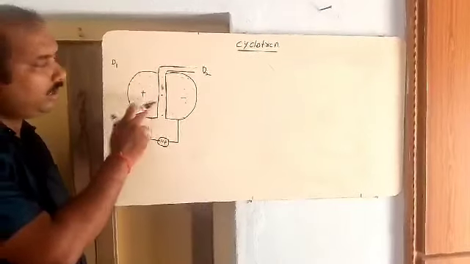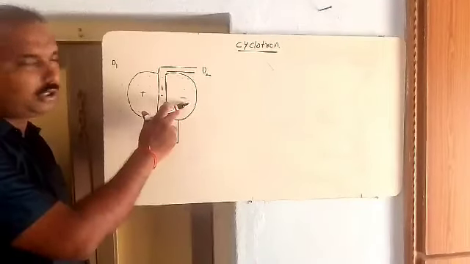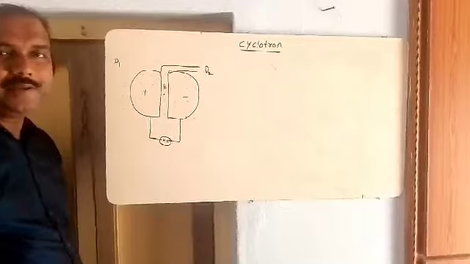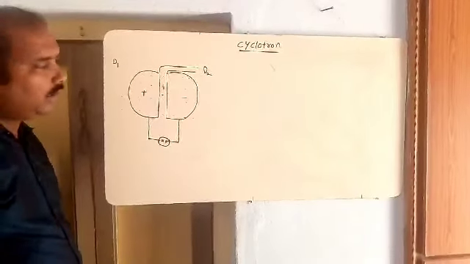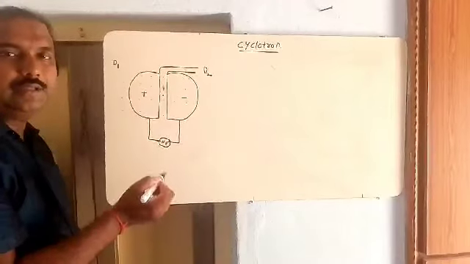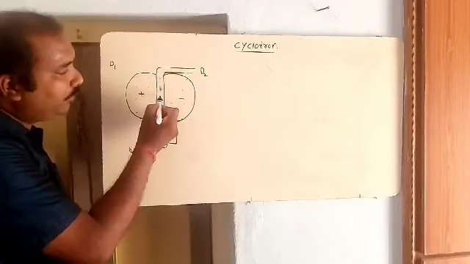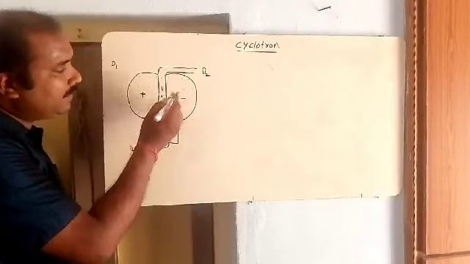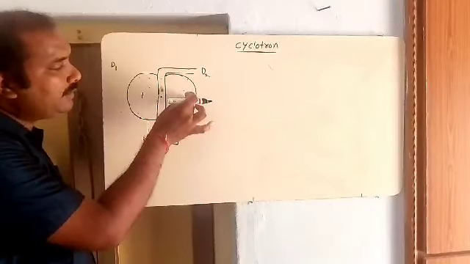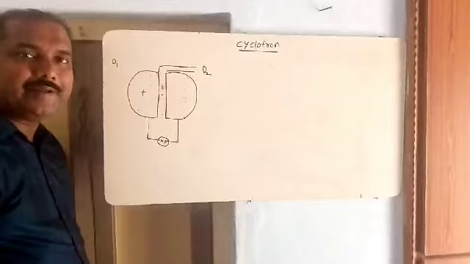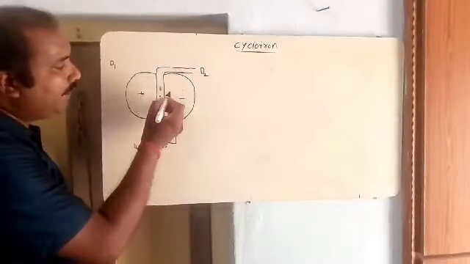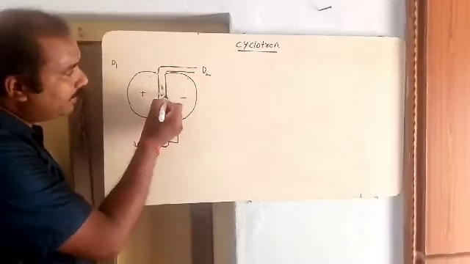D1 is at high potential and D2 is at low potential. Then what is happening? Here I am keeping one proton. This proton, a positively charged particle, is strongly attracted by this negative potential, and immediately it enters into D2.